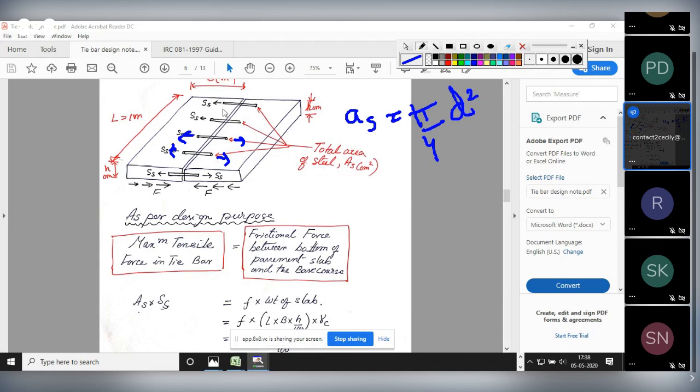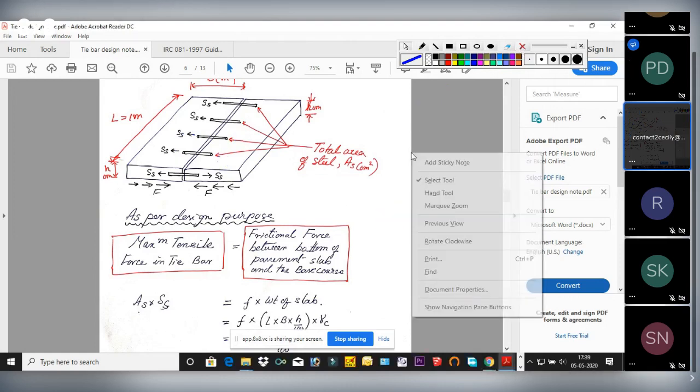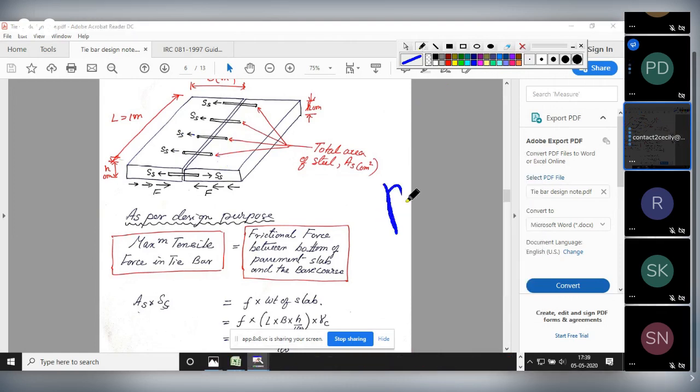All are similar bars with the same diameter, so the other areas will also be the same. If we know this single area and the number, we just multiply it by small a_s. So capital A_s equals N into a_s.